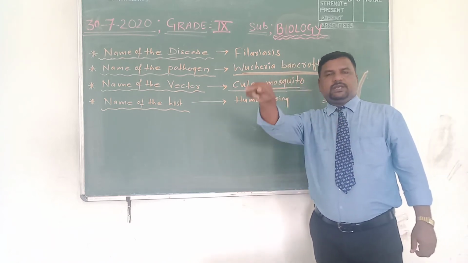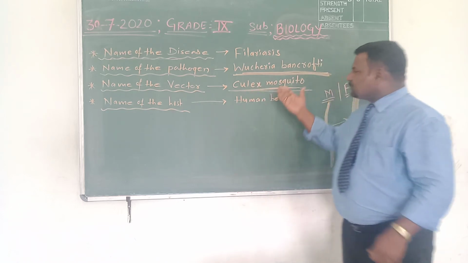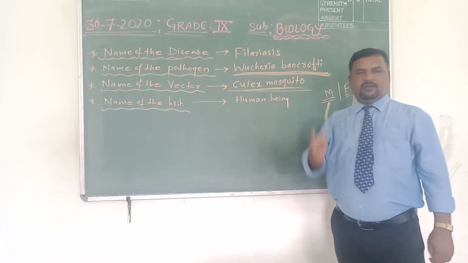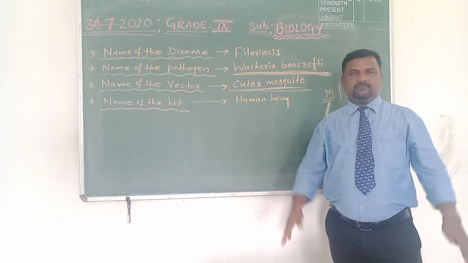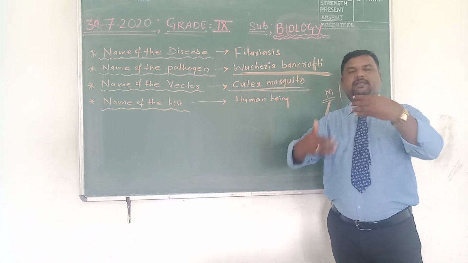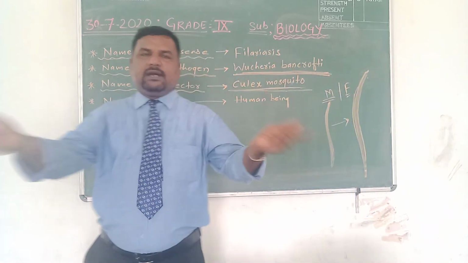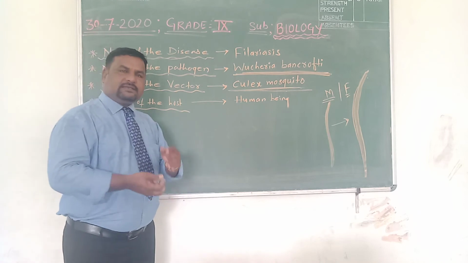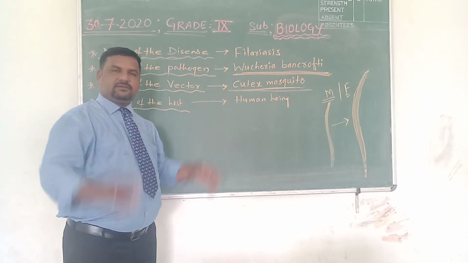When they move to the lymph vessels, they multiply there. Who multiply? These Wuchereria bancrofti. When they settle down, they enter inside the lymphatic system of our body. In the lymph vessels, the male and female worms start multiplying. They keep on multiplying, they divide, their number increases.